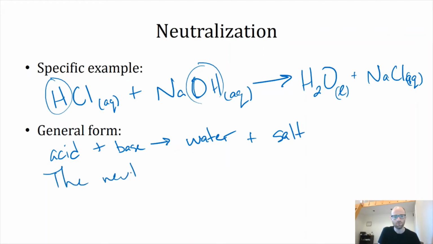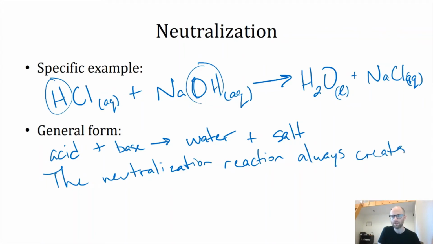The neutralization reaction always creates salt. So yes, if you were to perfectly chemically neutralize hydrochloric acid and sodium hydroxide, you would create salt water, which is fine to drink, even though it's probably not super palatable.